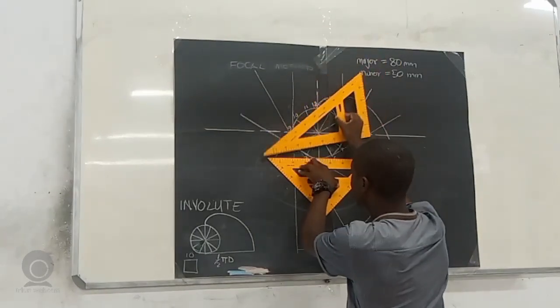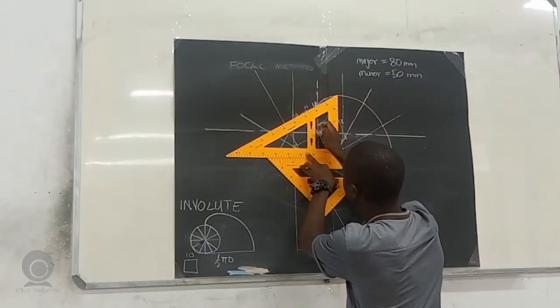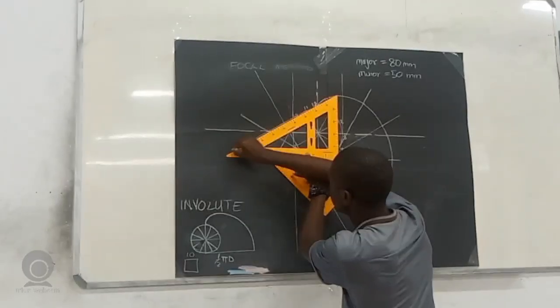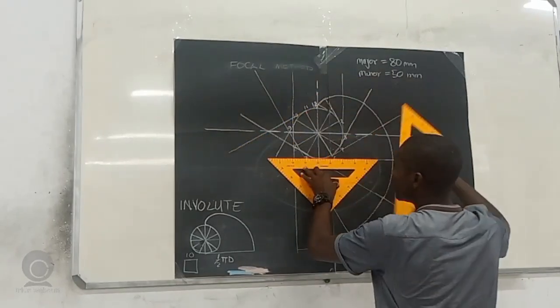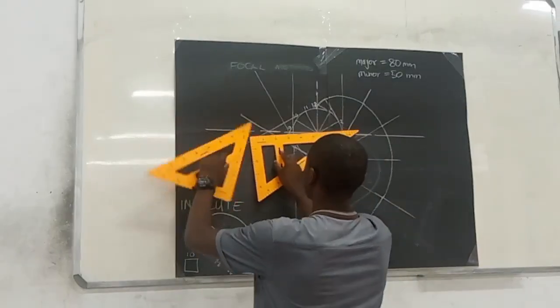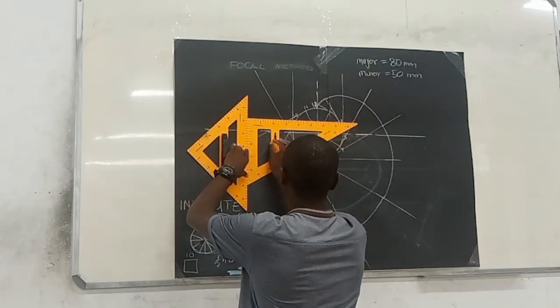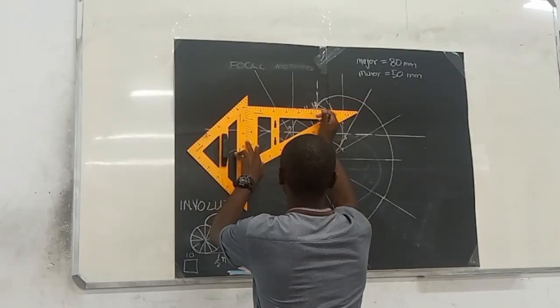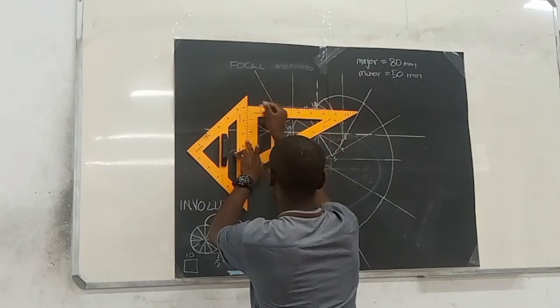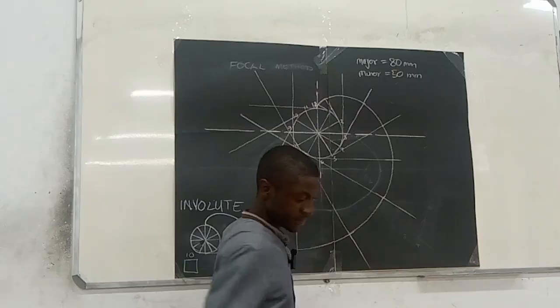I'll do the one for 11 in advance. And then I'm just left with the one for 12, which is not difficult. Using a t-square, you just go to point 12 and draw a line like that.